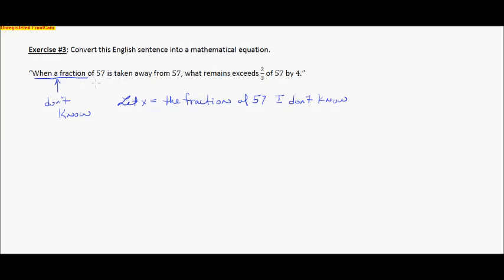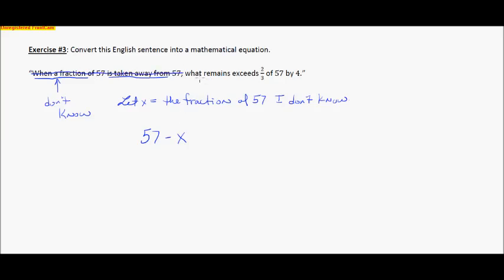So when a fraction of 57 is taken away from, that means subtraction. So I'm going to take that away from 57. So here's my fraction of 57, and I'm taking it away from 57. So really, I've used all of this now.